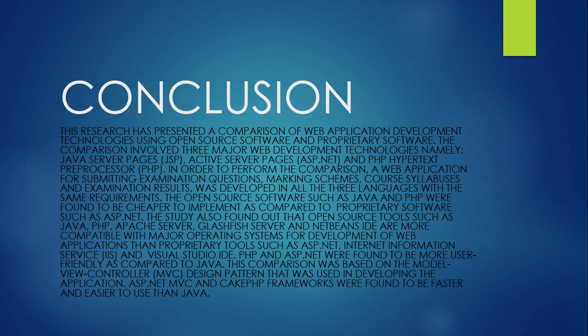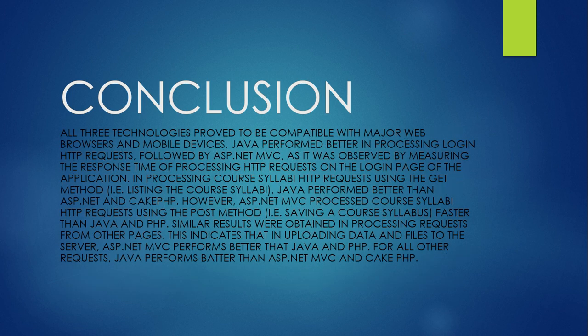PHP and ASP.NET were found to be more user-friendly as compared to Java. This comparison was based on the model view controller or MVC design pattern that was used in developing the application. ASP.NET MVC and CakePHP frameworks were found to be faster and easier to use than Java. All three technologies proved to be compatible with major web browsers and mobile devices.